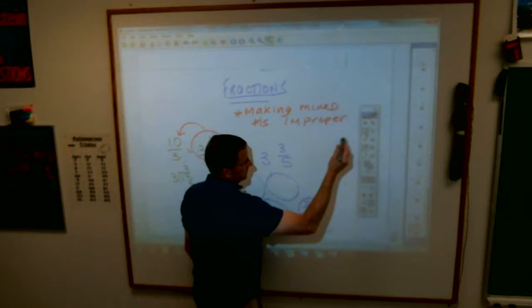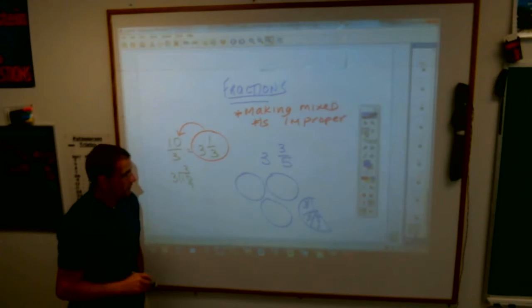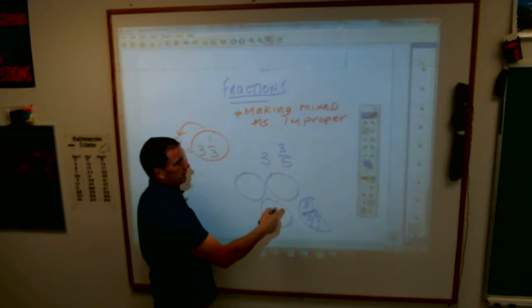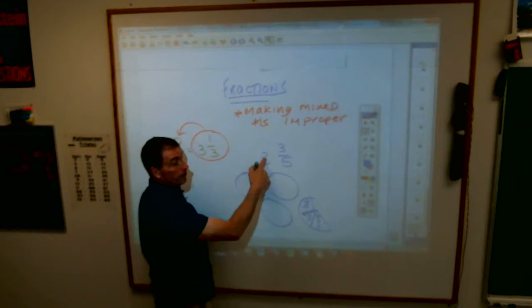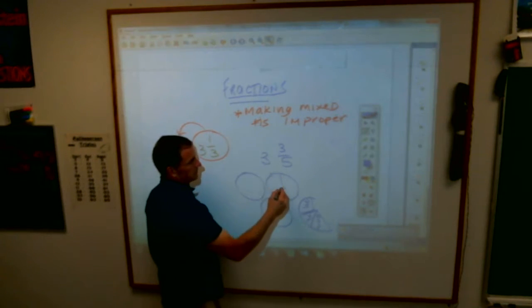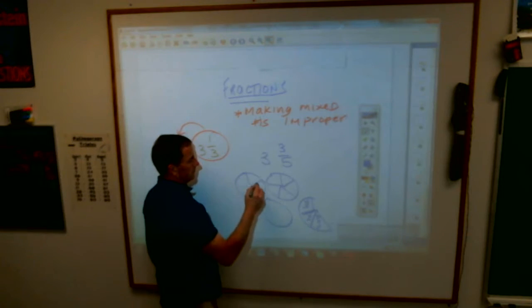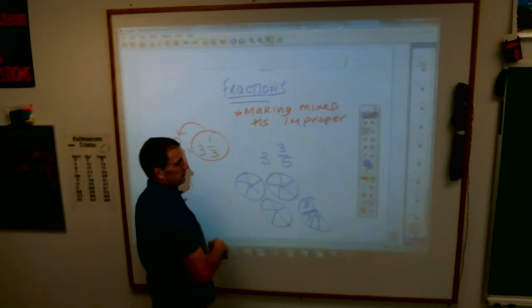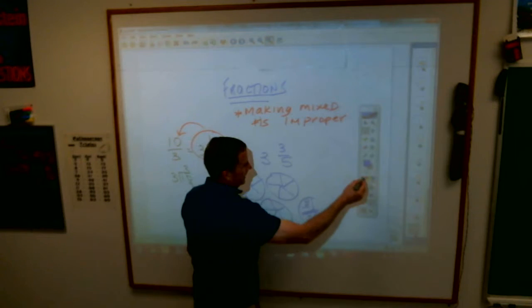Now, here's the first thing you think about. Since this was in 5ths, I'm going to cut all 3 of my whole circles into 5ths. So it's going to look like this. That's a 5th, 5th, and a 5th. Changed them all into 5ths. How many 5ths do I have?